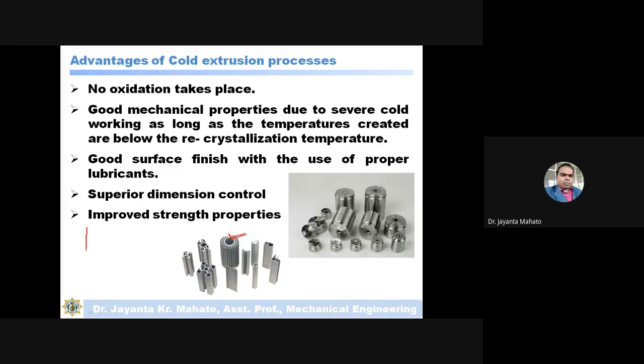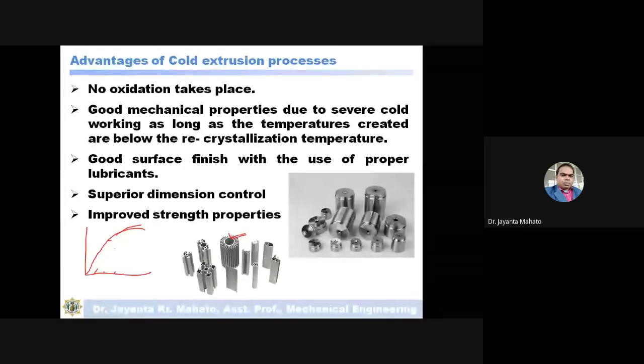In the material engineering subject, I've told that if the material is strained like this, the material gets strain hardened. Strain hardened means, according to how much you elongate it, the material gets strain hardened. Strain hardened means the material gets more hardened, so the strength will increase but the ductility will be lost.